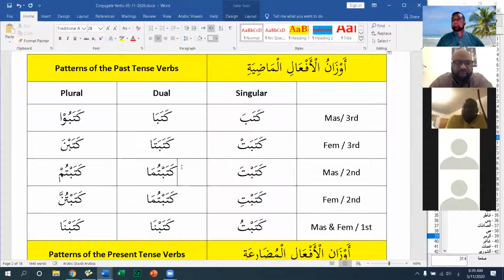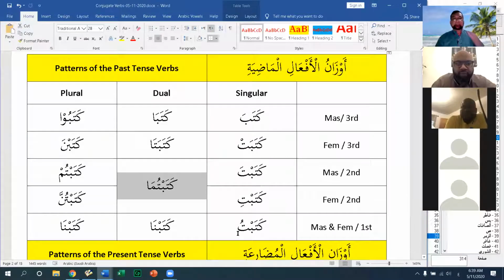Same thing, antuma again. So whether it's masculine second person dual or feminine second person dual, it's still antuma. So technically we can merge these two. They're the same. Yeah, they're the same. Okay.